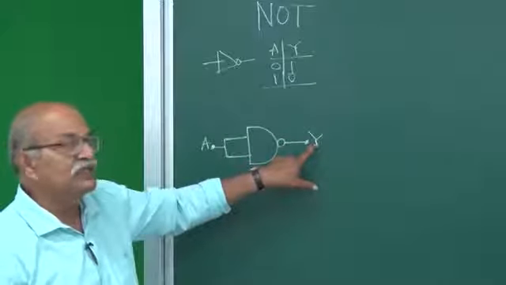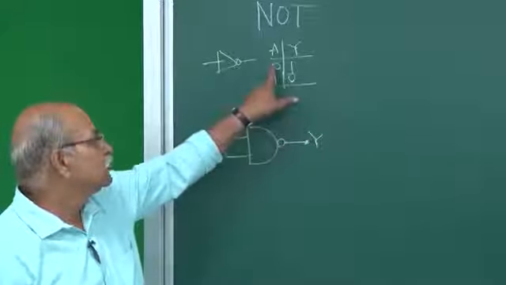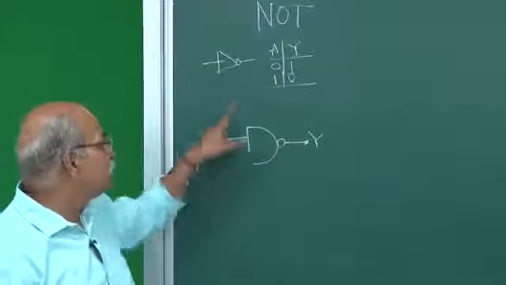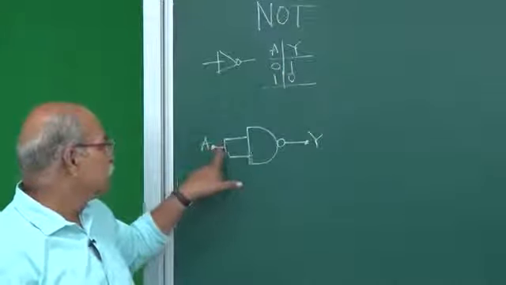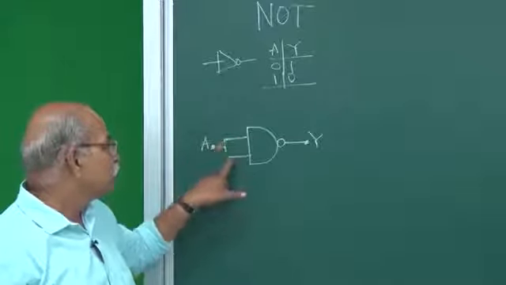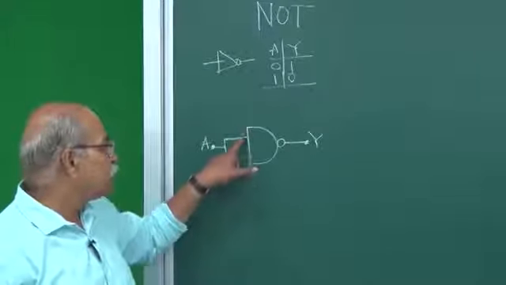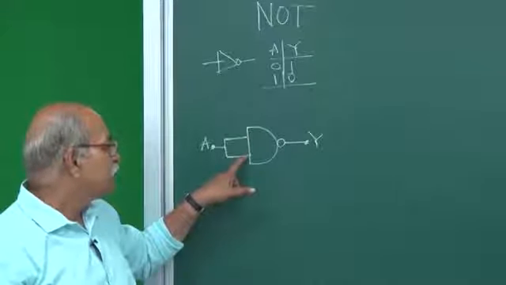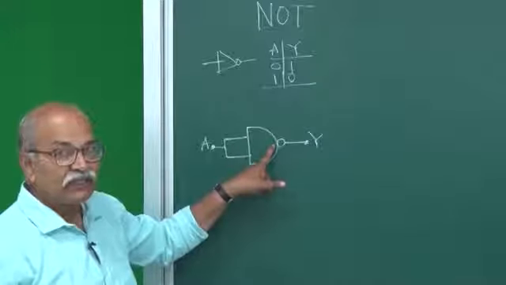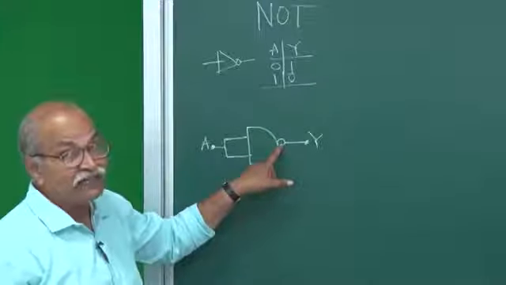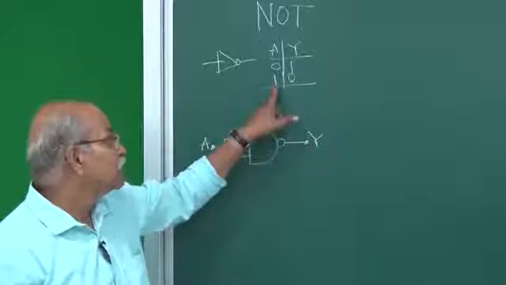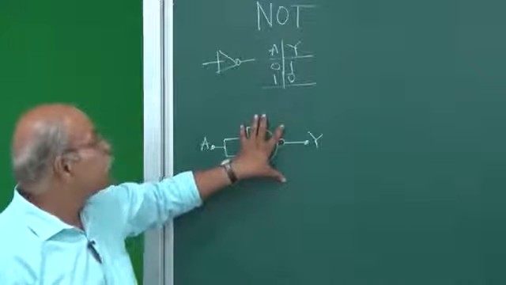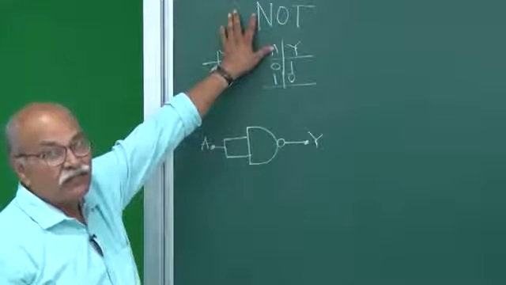So Y will become 1. So if this is 0, this is 1. And if A is 1, you are giving 1 here, you are giving 1 here. So both the inputs are 1 1. AND gate 1 1 will become 1. So here it is 1, and then NOT of that will become 0. So this one becomes 0. So only using the NAND gate I can get this NOT gate.